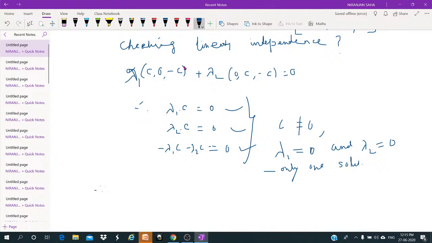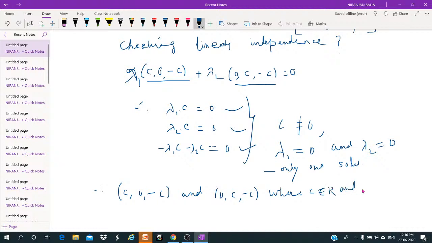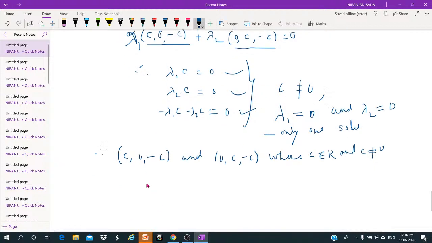So these two, C, 0, minus C and 0, C, minus C, where C belongs to R and C not equal to 0, with this condition the basis elements are linearly independent, and they span also.